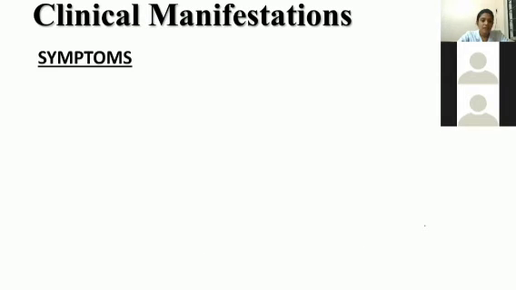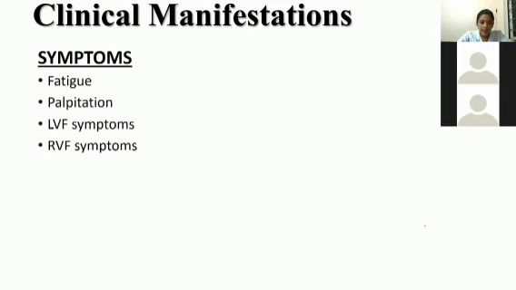In clinical manifestation, the symptoms are fatigue, palpitation, and left and right ventricular failure symptoms. We already discussed heart failure symptoms, so these symptoms we can observe. In left ventricular failure, there are respiratory symptoms like dyspnea, orthopnea, paroxysmal nocturnal dyspnea.